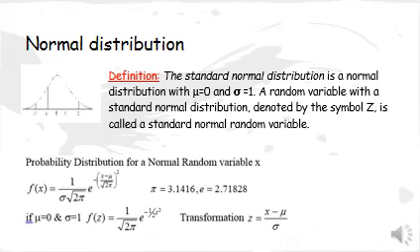Below, we have the probability distribution for a normal random variable x. Through these equations, we are also able to achieve the transformation of z equal to x minus the average divided by standard deviation.